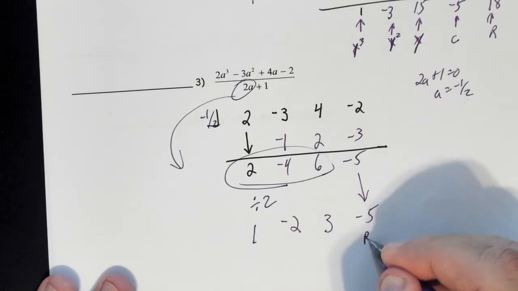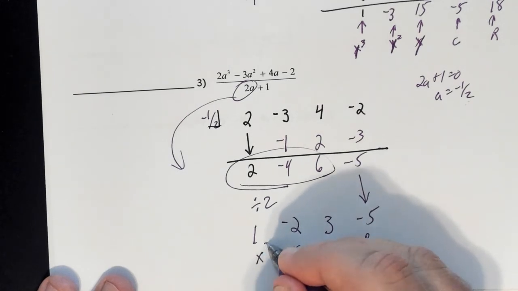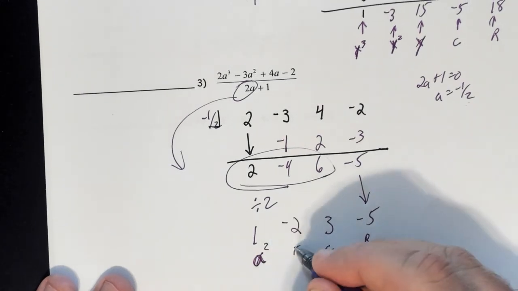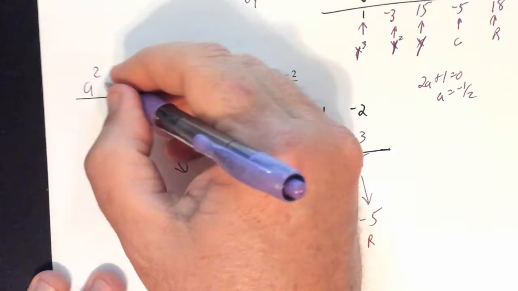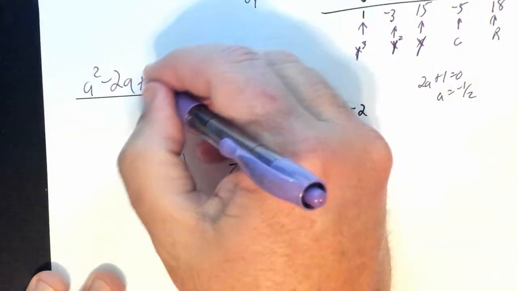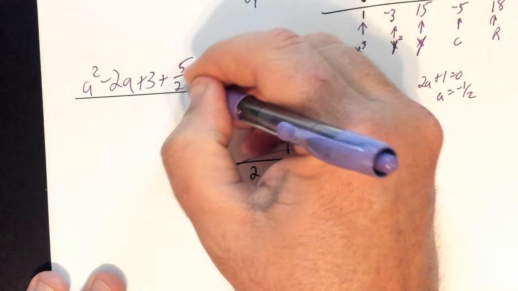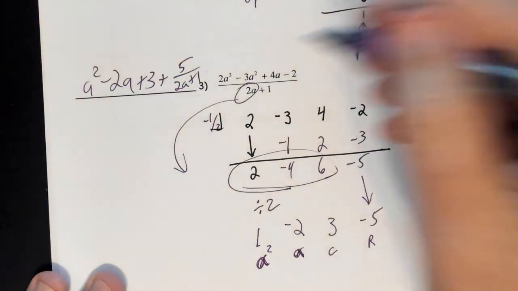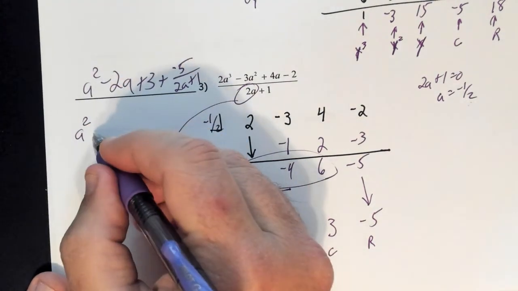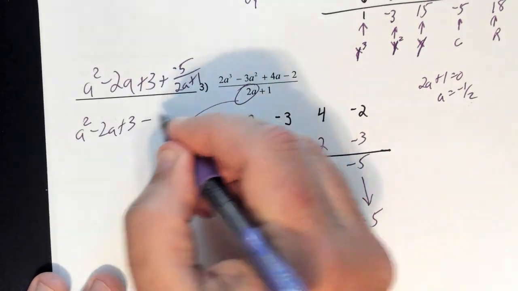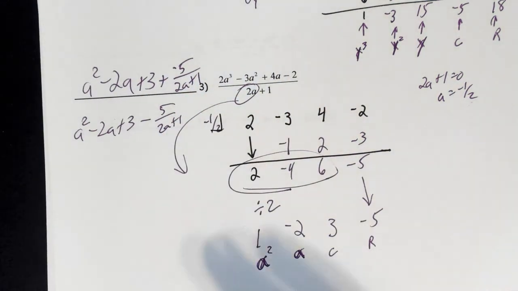That's my remainder, my constant, my x, and my x squared, but in this case it's a's. Did it again. So you're going to get a squared minus 2a plus 3, minus 5 over 2a plus 1. Or of course, you can write it with plus a negative 5, whichever one you prefer.